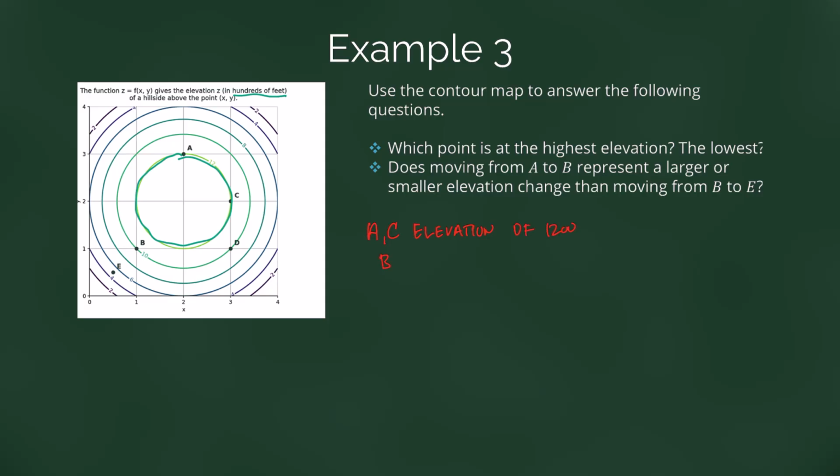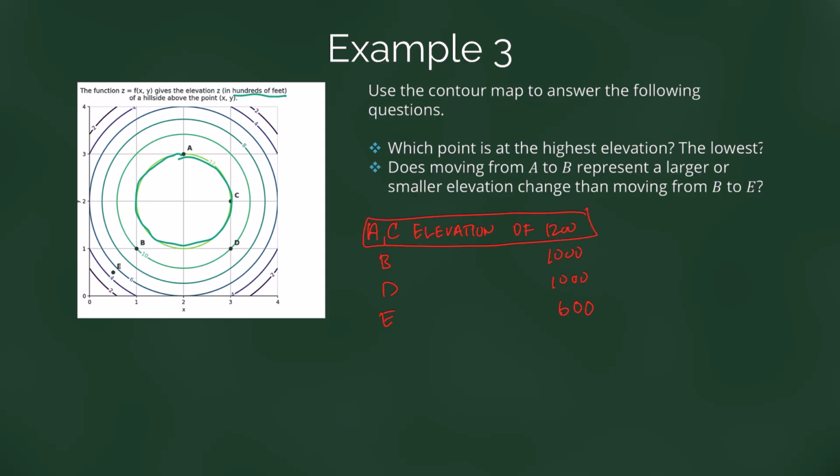While B is at an elevation of 1,000. D is at the same elevation. And E is at an elevation of 600. So clearly the highest are going to be points A and C.